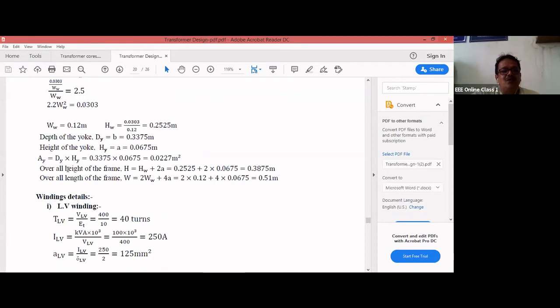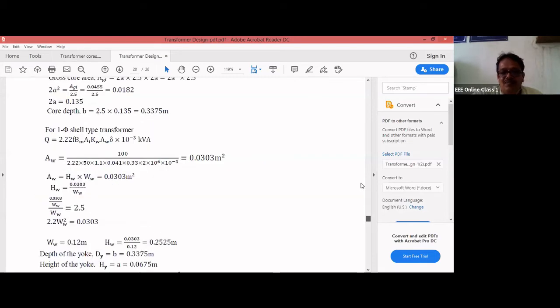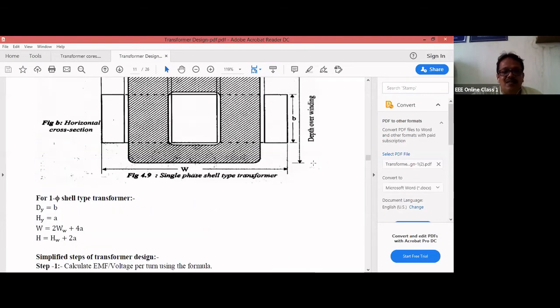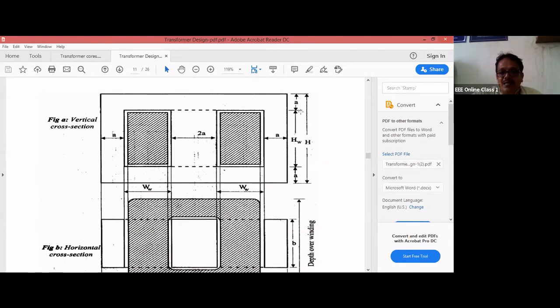Then you can find out the overall height of the frame. Overall height of the frame is HW plus 2A. If you see that figure, HW plus A plus A, HW plus 2A.